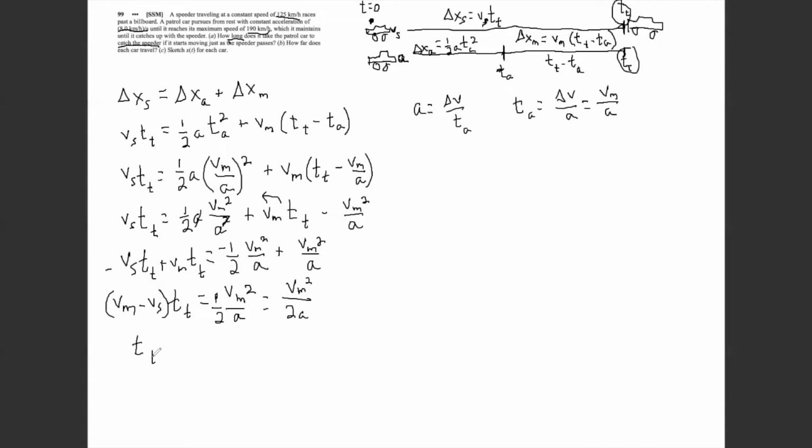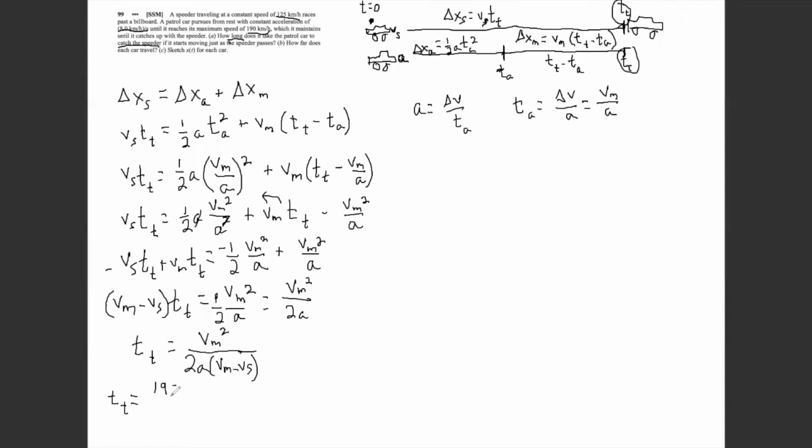So T total equals Vm squared over 2A times Vm minus Vs. And now we just have to evaluate. And again, you'll see that if we do this, we don't have to actually convert because we have kilometers per hour and kilometers per hour second. So Vmax is that 190.